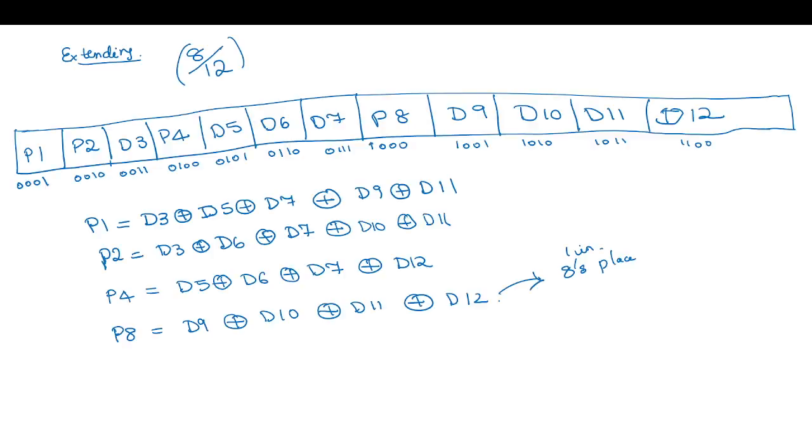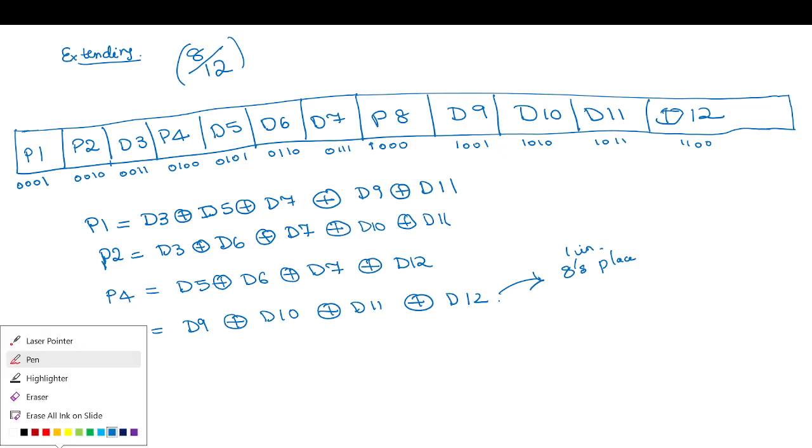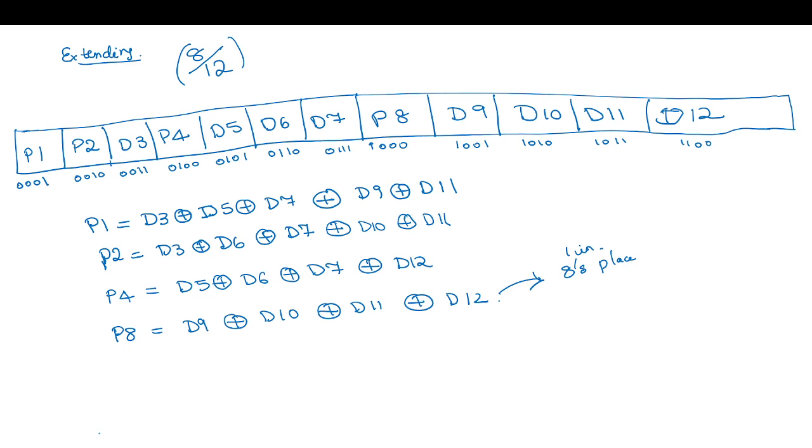So with this, can we try one example? Error correction. I will take one example. If say this data is 1, this is 0, this is 1, this is 1, 0, 1, 0, 1. Then what will be the parity bits?